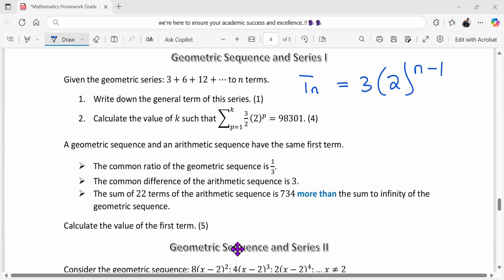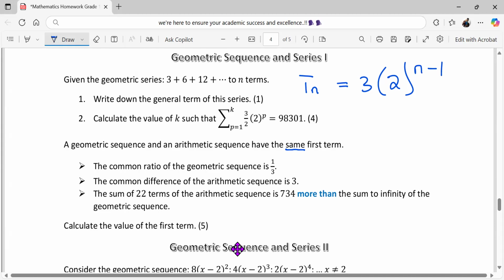Calculate the value of the first term. Right, thank you, sir. So a geometric sequence and an arithmetic sequence both have the same first term.